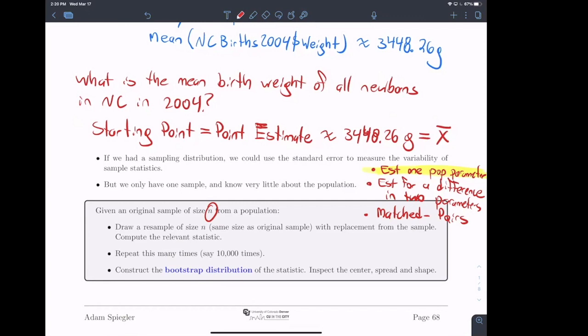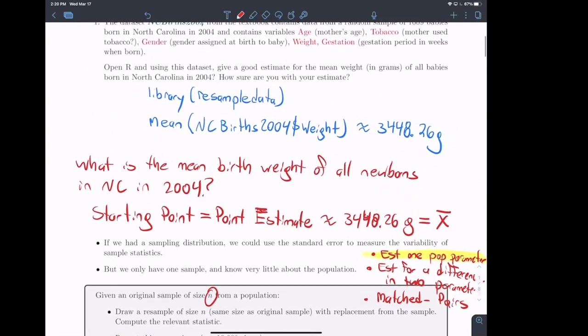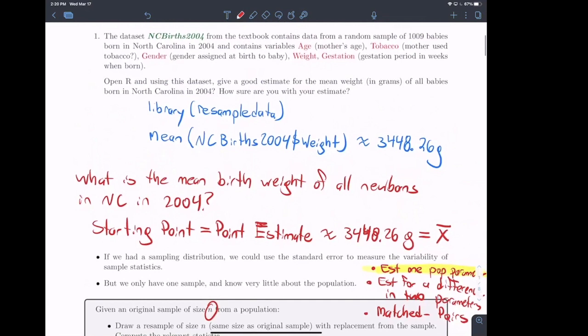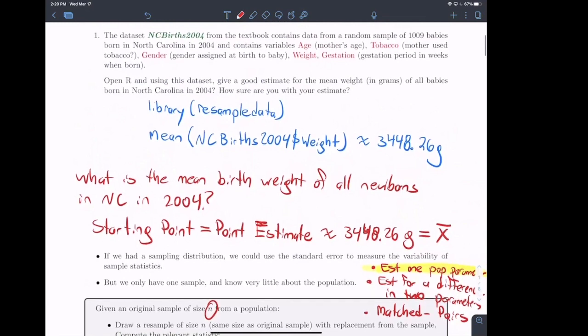And we're going to draw the same number of values that we had in the original sample. So if in this case our sample had 1,009 babies, all with different weights, we're going to pick 1,009 weights from our sample with replacement.